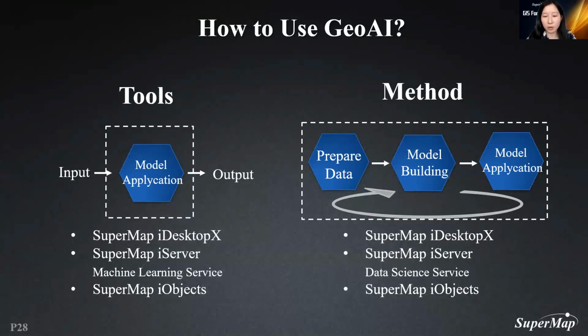Method refers to providing full process GeoAI capabilities, including preparing data, model building, and model application. The method is targeted, and the results of model application are more accurate. But users need to spend a lot of time to prepare training data and train the model.